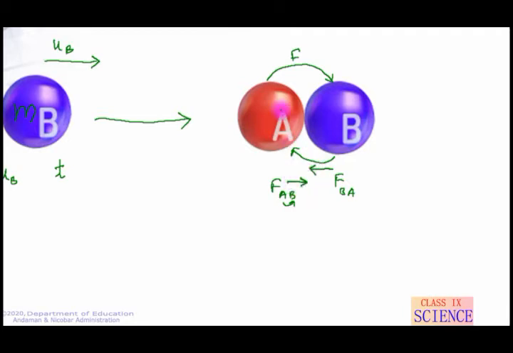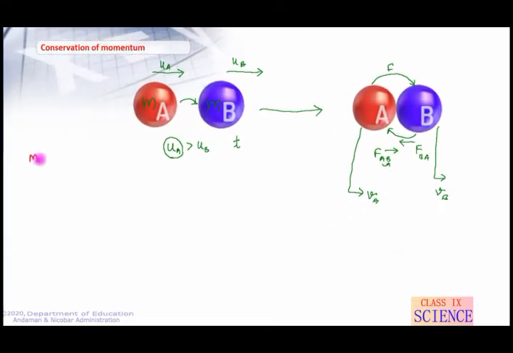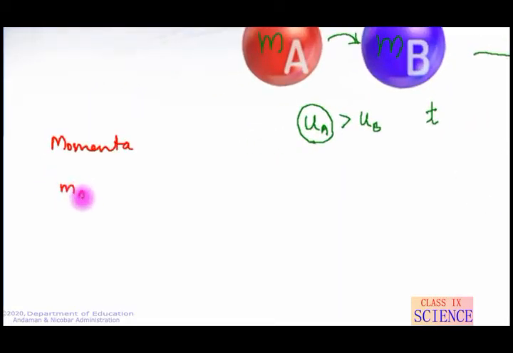After collision, balls A and B both will acquire final velocities. After collision, the velocity acquired by ball A can be written as vA, and the velocity acquired by ball B can be written as vB. Here the total momenta before and after collision of ball A can be written as mAuA, which is the momentum of ball A before collision.